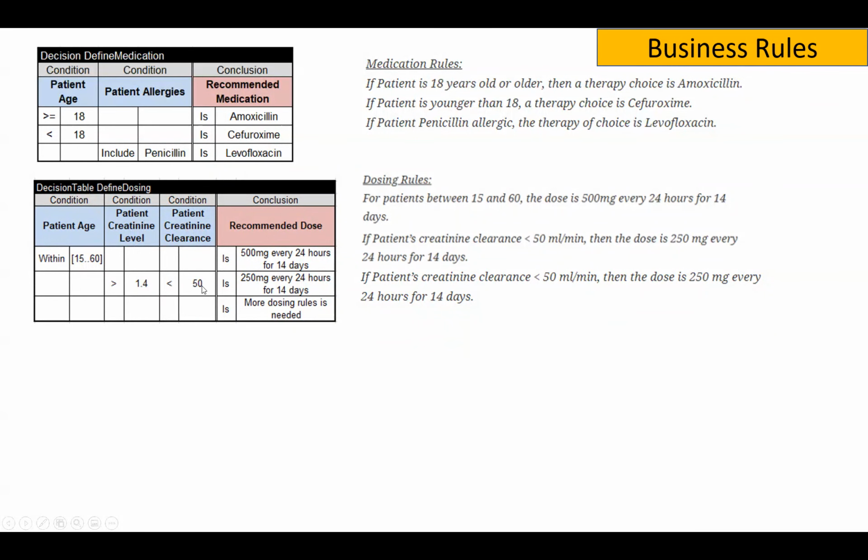And if both conditions are satisfied, then it will recommend this dosing, and end of work. In this case, the third rule just tells that a more dosing rule is needed because this table does not cover all possible combinations. So it's not a complete table.